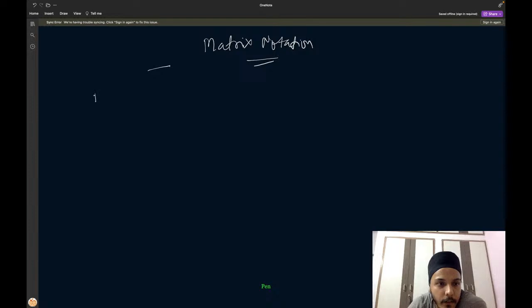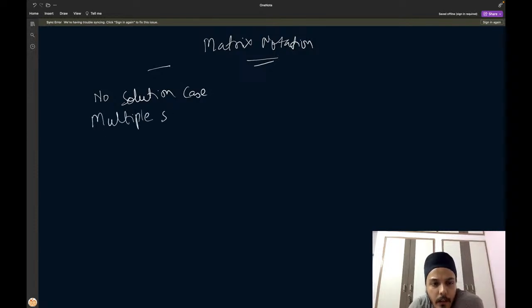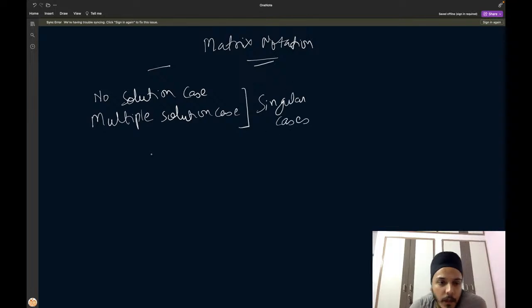If we have a no solution case or multiple solution case, these are singular cases. But if we have a single solution, then it is a non-singular case.